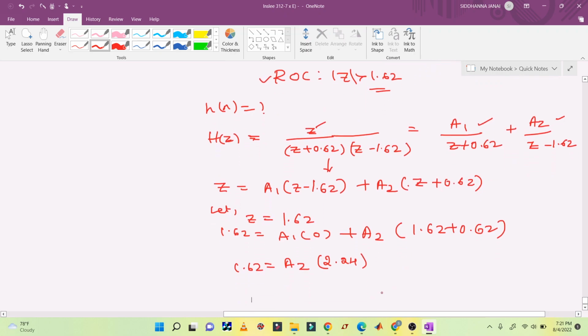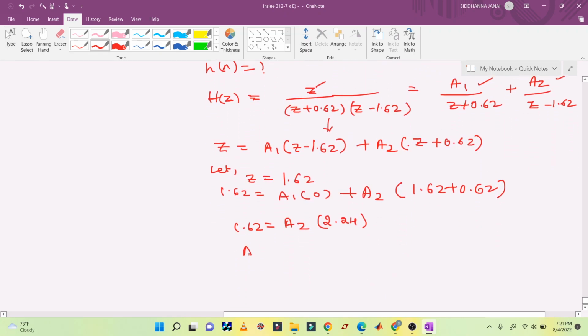A2 is equal to 1.62 divided by 2.24 is equal to 0.45.